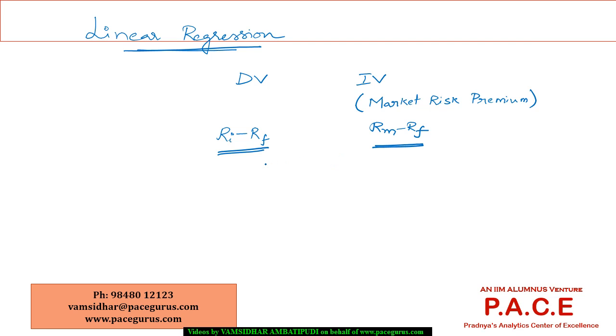This regression equation, wherein I am looking at the risk premium of the security versus the risk premium of the market, will be of the form alpha i plus beta i times this.